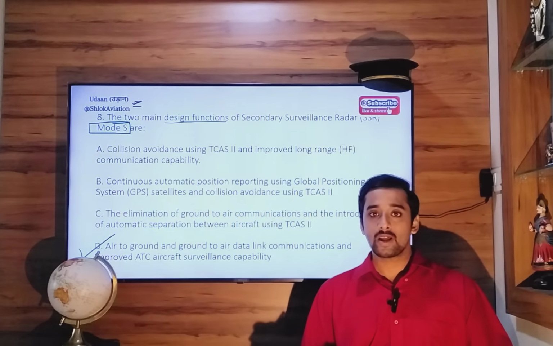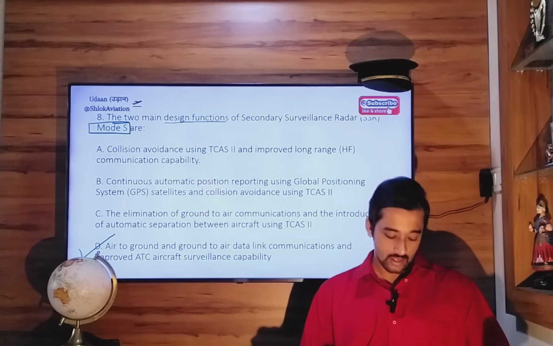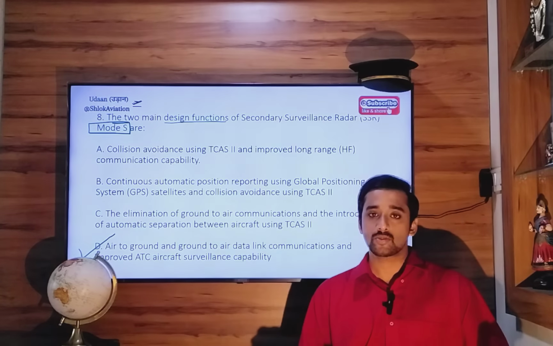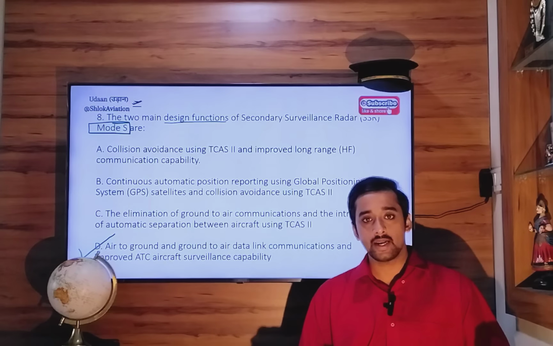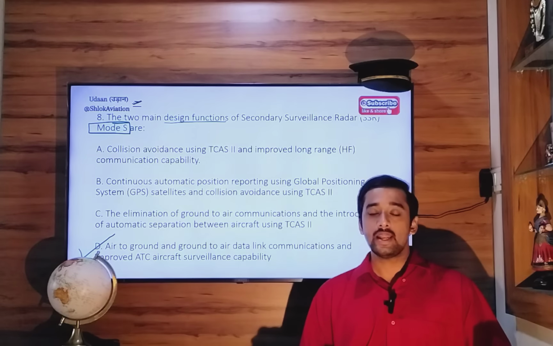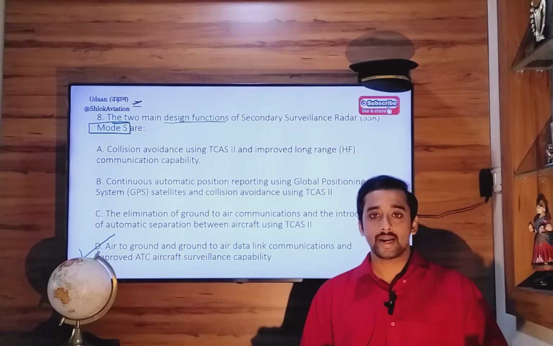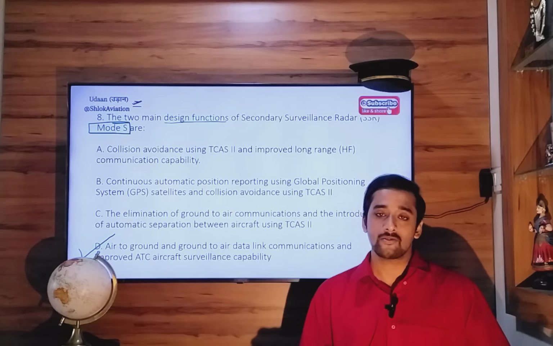With the help of mode S, mode selective, the ATC can establish data link communications. Data link communications means the information will be transmitted and received between aircraft transponder and ground interrogator automatically, without the pilot having to report any kind of information verbally to the ATC controller.